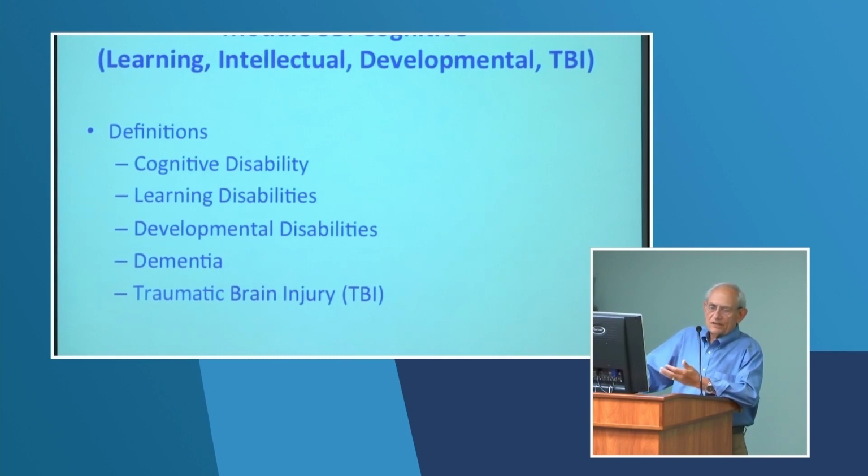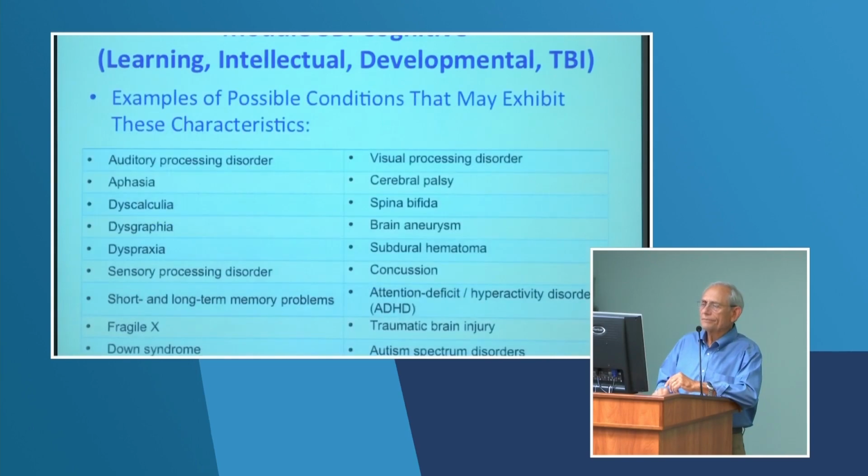But they still have difficulty understanding and remembering. Traumatic brain injury is exactly what it is, and it comes in all forms of severity. Of course, we see a lot of traumatic brain injury now out of the Middle East and the military.